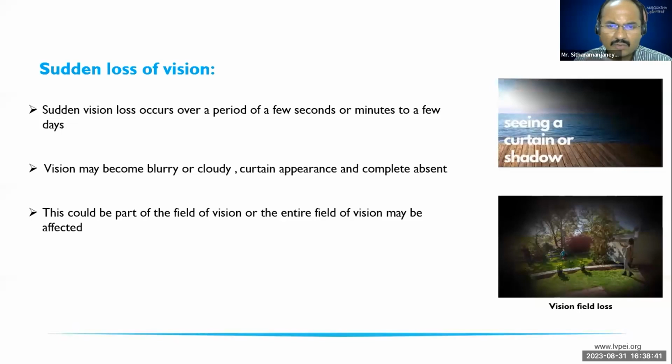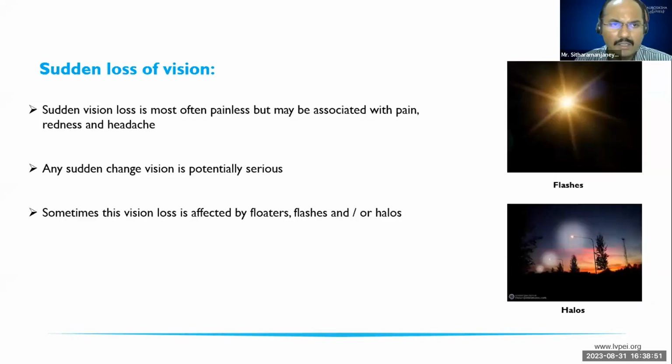This vision loss could be part of the field of vision, or sometimes the entire visual field could be affected. Sudden vision loss is most often painless, but in some conditions it is associated with pain, redness and headache. So any sudden vision loss, we should consider as a serious matter.